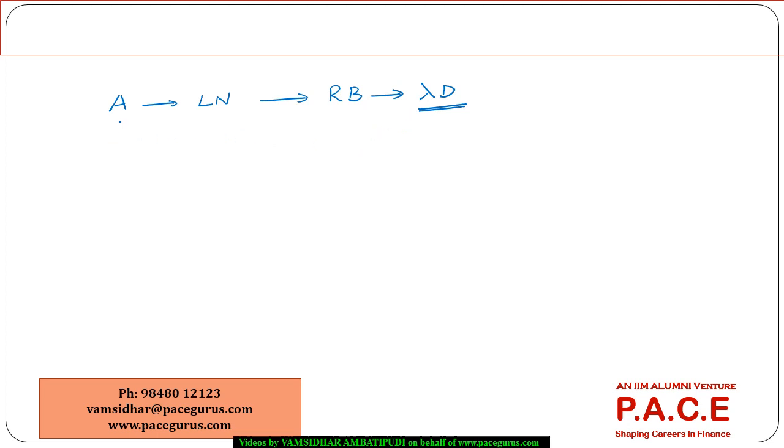Here we are doing everything on a per share basis. So A, the asset value, I am also taking as per share. The random barrier is lambda D, where D is the debt per share, and this is what the CreditGrades model specifies.